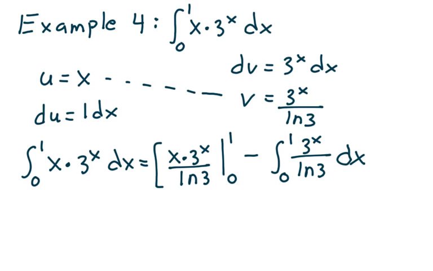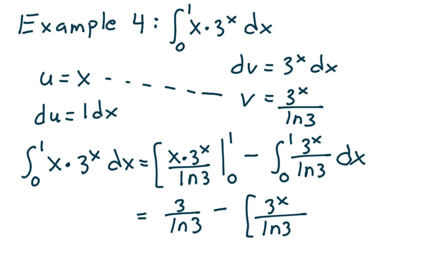If I plug the 1 in, I get 3 over natural log of 3. If I plug the 0 in, I just get 0. And so I'm going to subtract off, and then here I'm going to get 3 to the x over natural log of 3, but this time I'm going to square it, and then I'm going to evaluate it from 0 to 1.